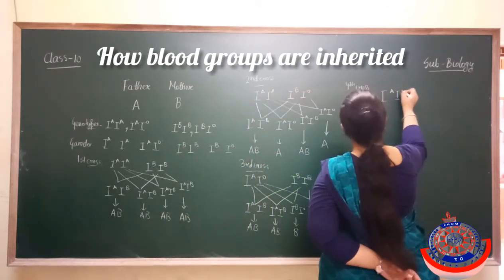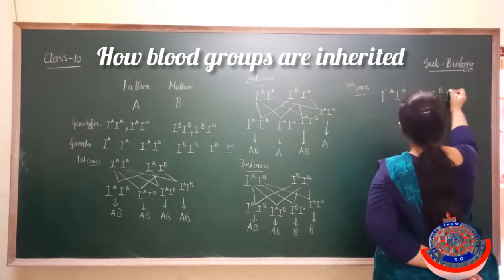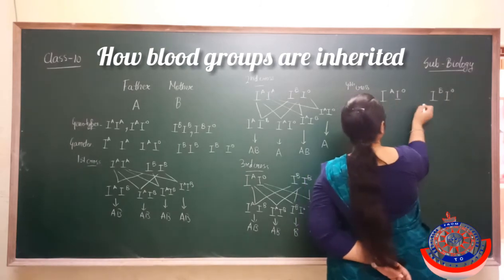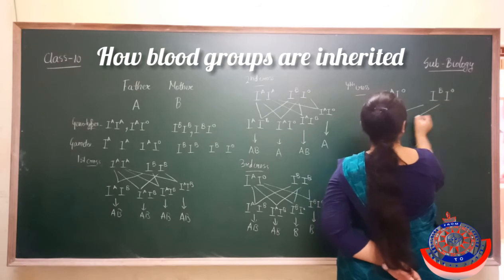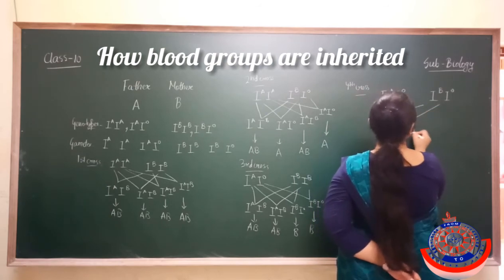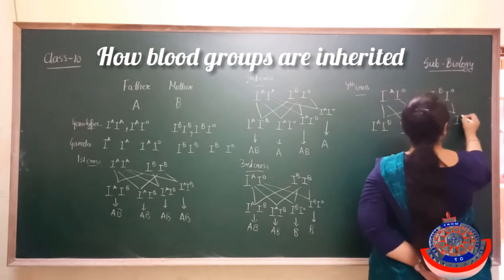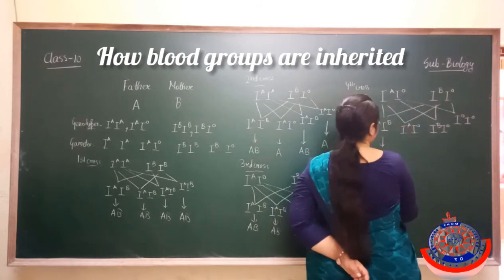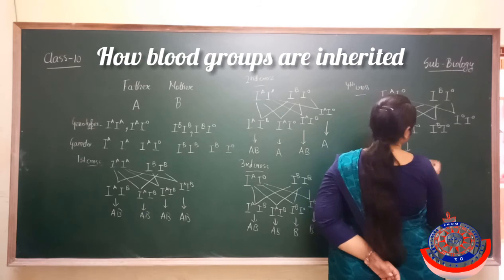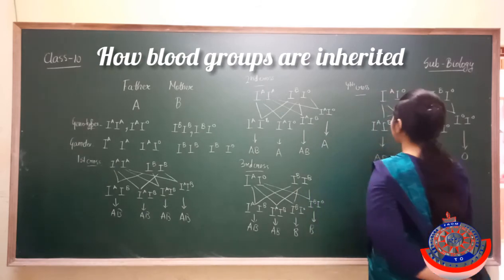After fusion, it can form IA IB, IA IO, IB IO, IO IO. This will form AB blood group, this will form A blood group, this will form B blood group, and this will form O blood group.